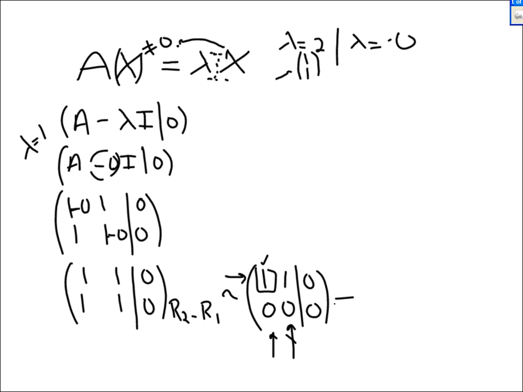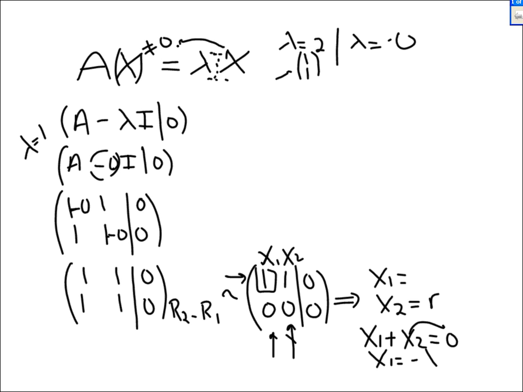That means that second column, x2, because we have x1 and x2, is a free variable. Call it R. The first row says x1 plus x2 is equal to 0. Bring over the x2, and you get that x1 is negative x2. But x2 is R.